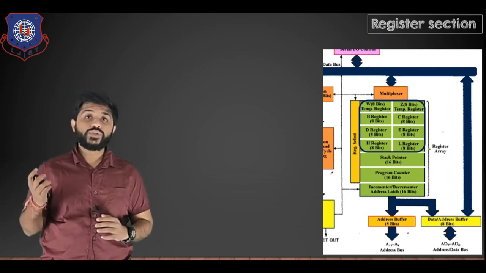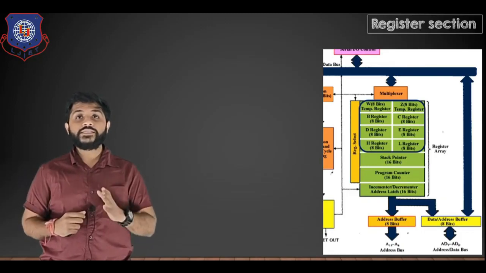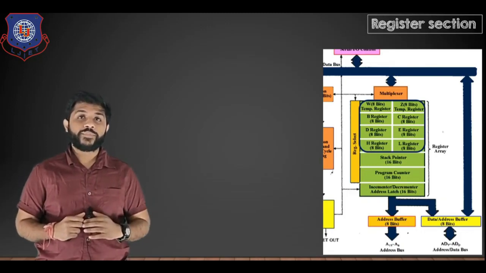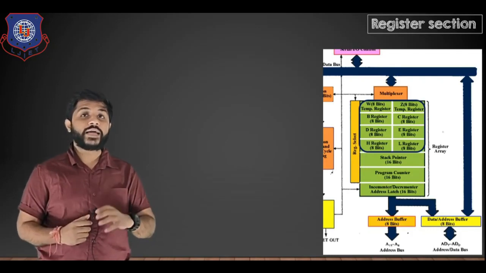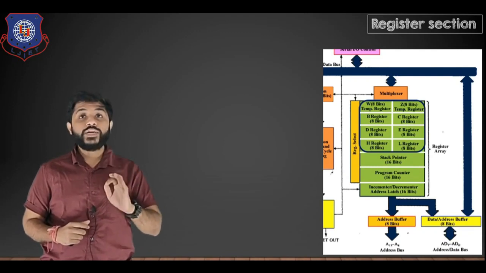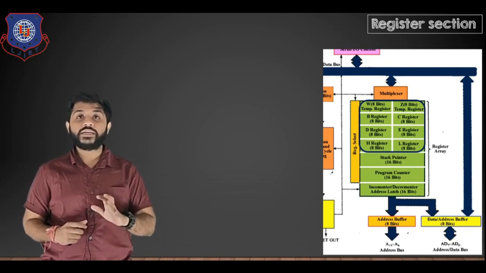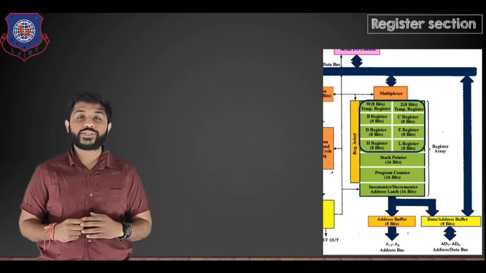So if you want to store 8 bits of data, you can use the registers B, C, D, E and H, L. You cannot use the registers W and Z because those are temporary registers, and those registers can only be used by the microprocessor itself. So the user cannot access those registers.